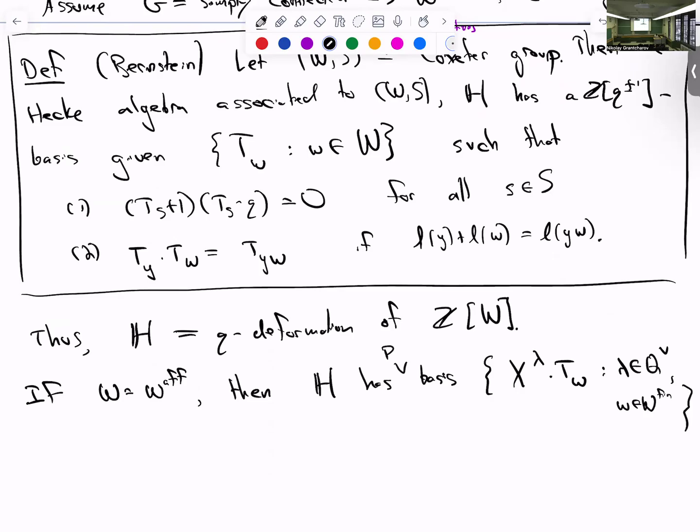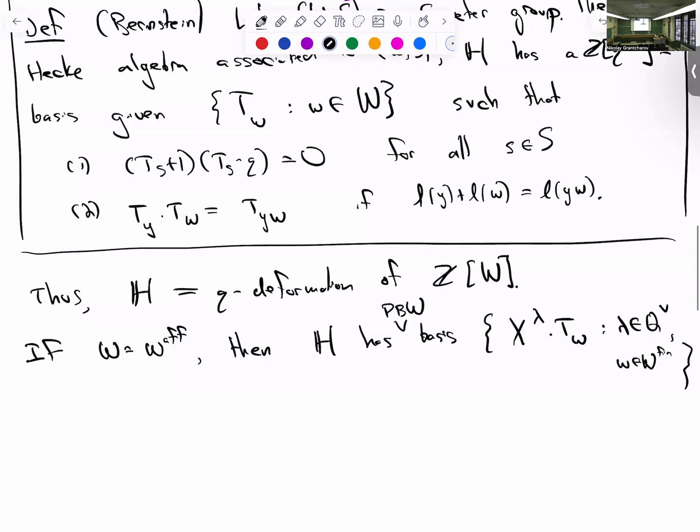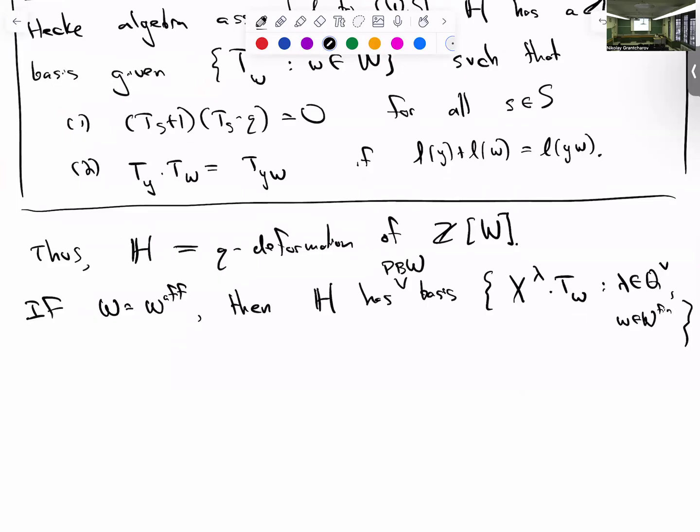So this is like a PBW basis, and we will use this feature many times throughout. And then in this basis, we can also write down the generators and relations. So with this presentation, the algebra generated by just the finite Weyl group elements T_w is equal to the finite Hecke algebra.